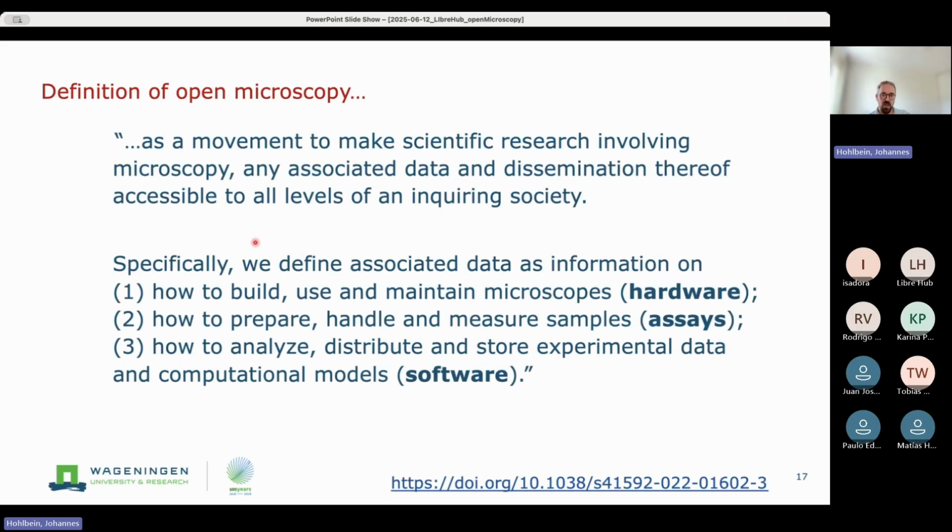In the definition that we came up with, we see open microscopy as a movement to make scientific research involving microscopy, any associated data, and dissemination thereof accessible to all levels of an inquiring society. We defined it relatively broadly. So we said, as mentioned earlier, we need the hardware, we need assays, and we also need software.